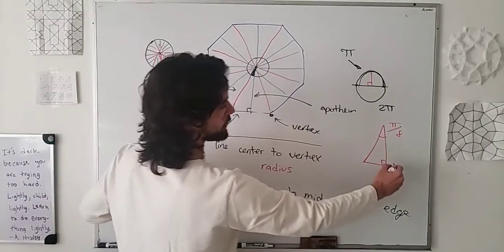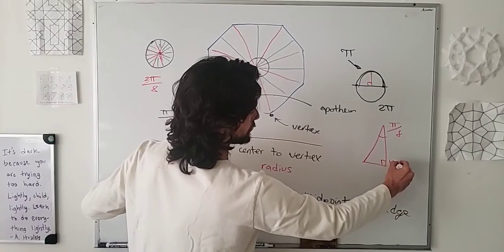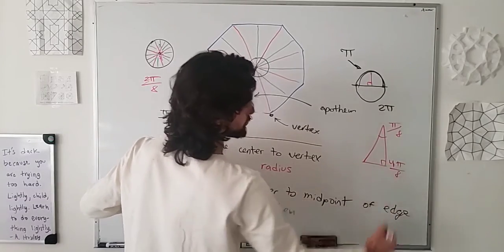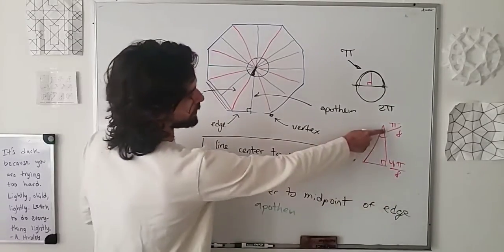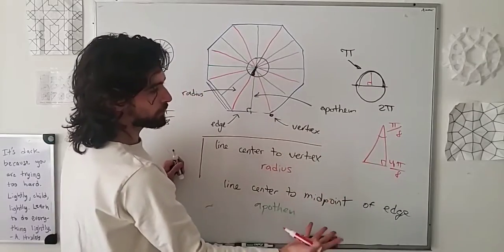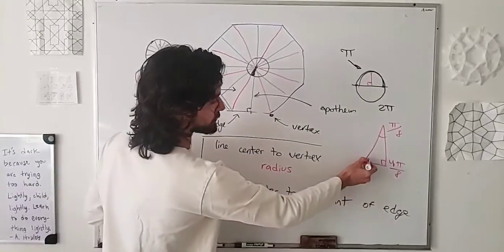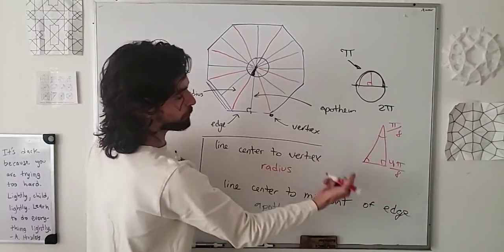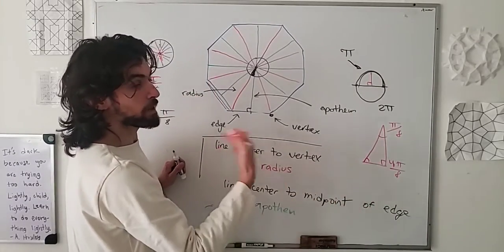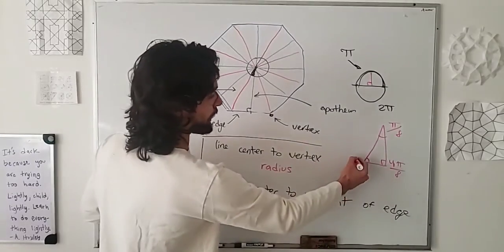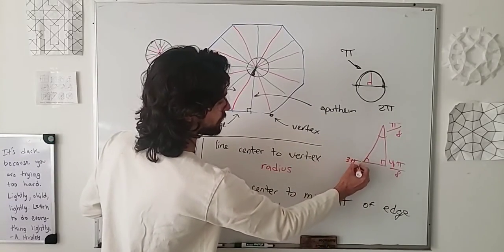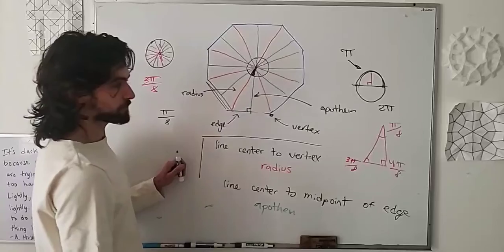So what's half of 8? That's a 4. So it's 4 pi over 8. We simply add 1 plus 4, that's 5. The remainder has to add up to whatever's missing for it to be 8. 8 minus 5 is 3. So this angle right here is going to be 3 pi over 8.